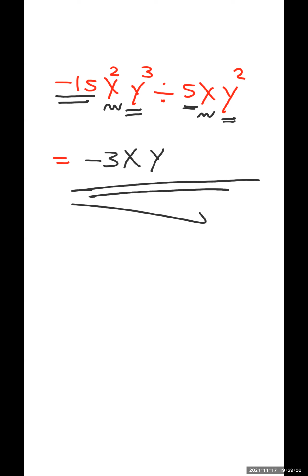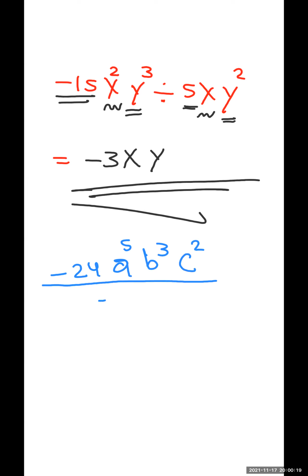Okay, one more question like that. Negative 24 a to the power 5, b to the power 3, c to the power 2 divided by negative 8 a squared b.